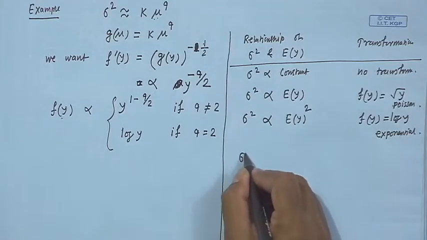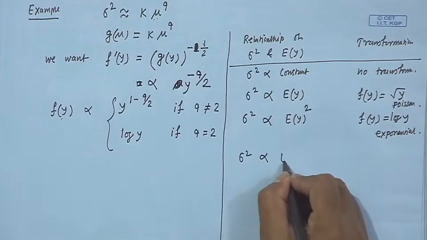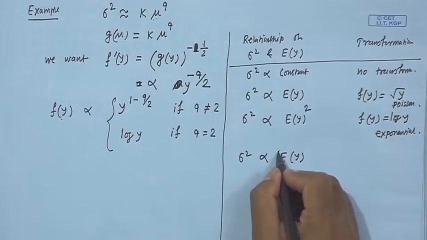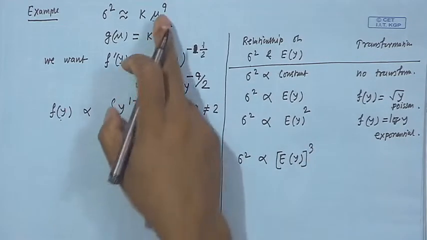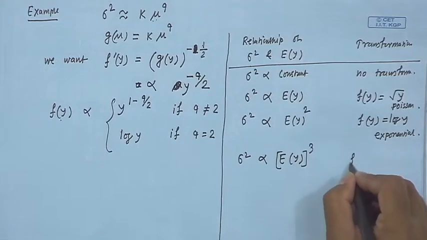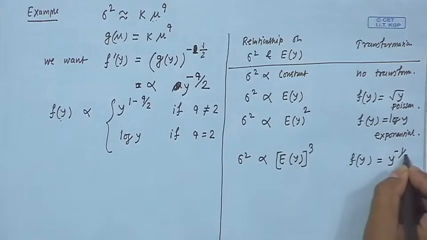Now, if sigma square is proportional to expectation of y to the power of 3, then q is equal to 3, and the transformation f(y) is, you can check, y to the power of minus half.